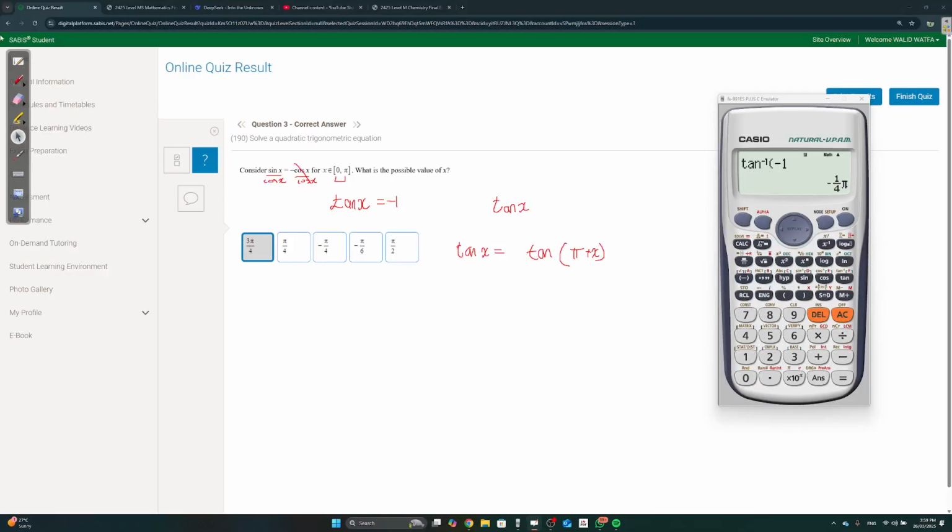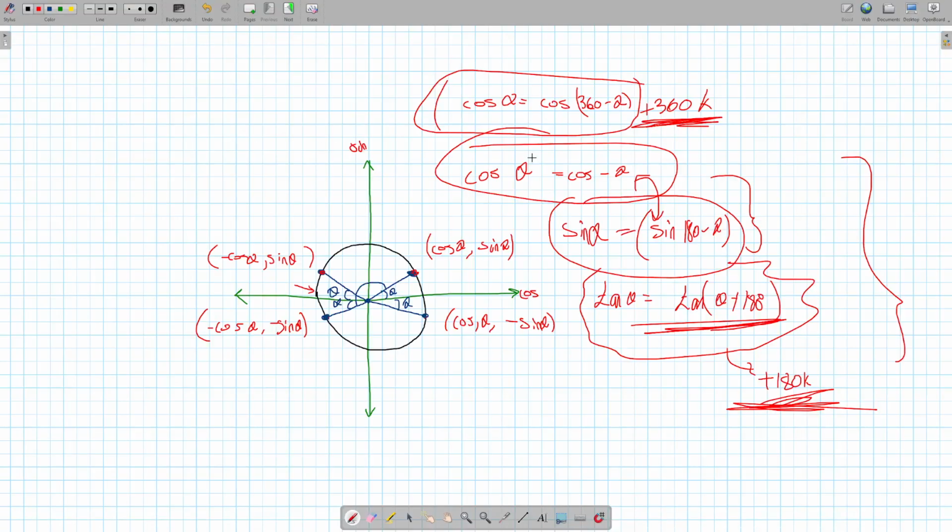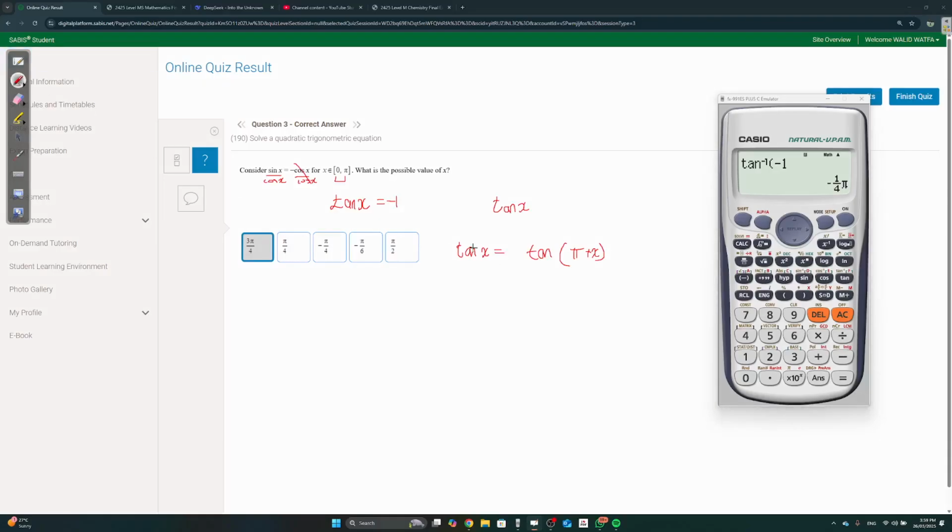Anyways, if you convert these values to radians, this is 2 pi, this is pi. So for tan theta, here we got x is equal to minus 1 over 4 pi. Since it doesn't fit in the domain, we need another value. How do we do it? For tan, we do pi plus whatever theta we got, right? So we're going to add pi to this, and you're going to get 3 pi over 4. Very easy.